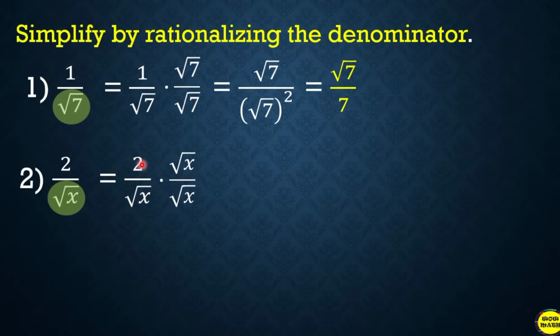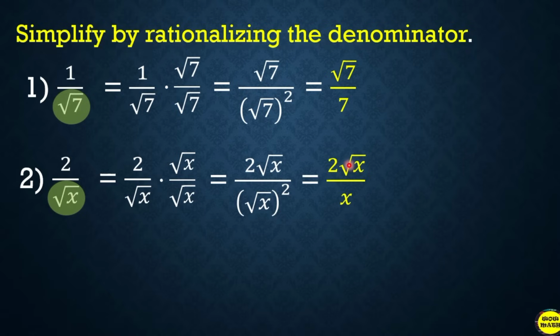Okay, so 2 times square root of x, and then sa denominator natin, square root of x times square root of x, and that is 2 square root of x over square root of x squared. Okay, so ito matatanggal na natin. So that is 2 square root of x over x.